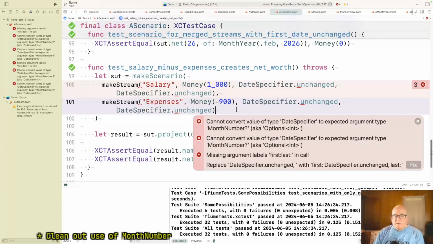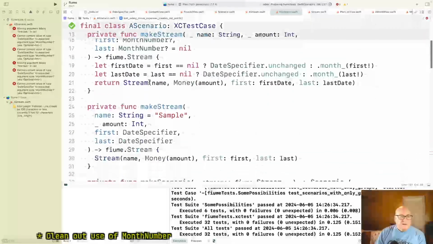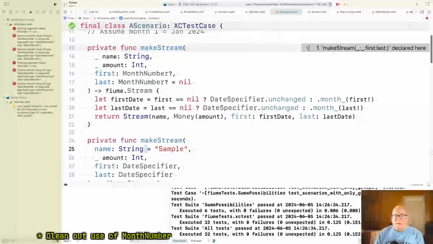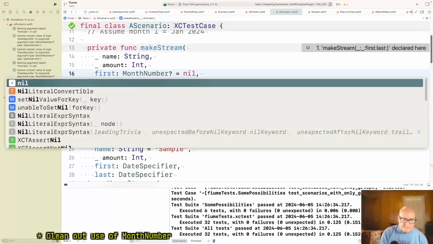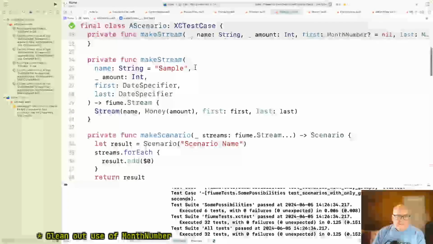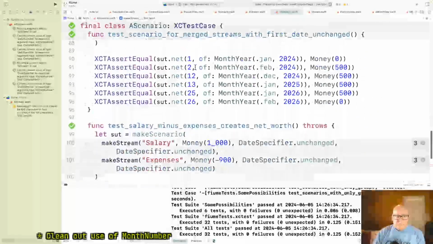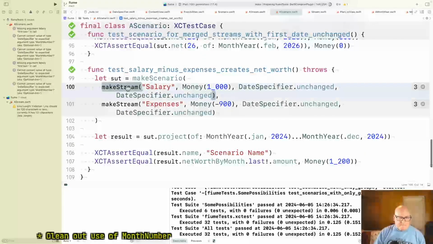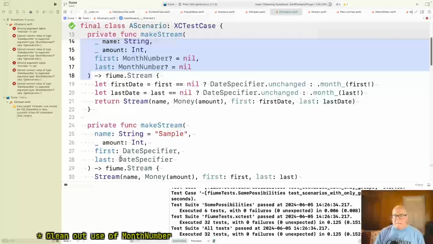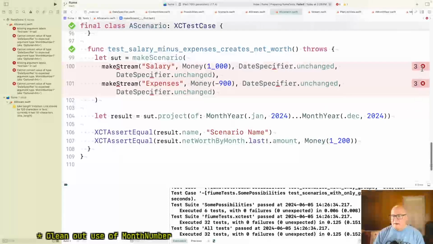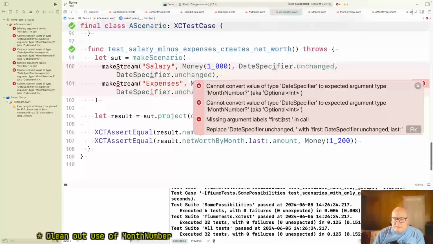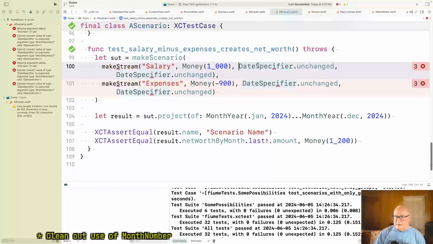Make stream with two date specifiers. Make stream amount. Why are you not? Well, that seems wrong. Cannot convert missing arguments first last. Okay.